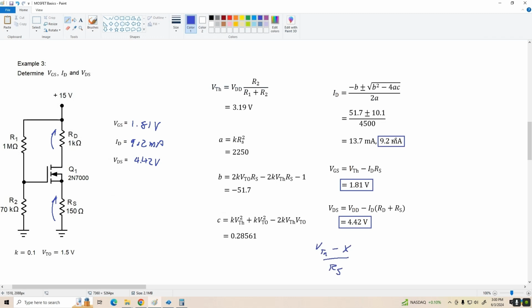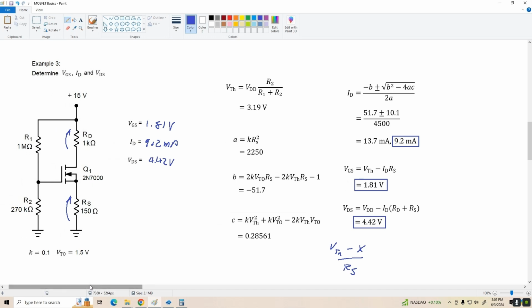Okay, 13.7 and 9.2. Now, really, the proof that this is all worth doing is actually building the circuit and seeing if it works correctly. And I did that.